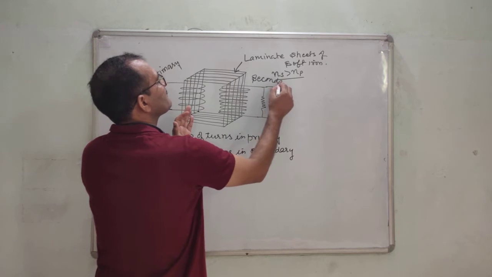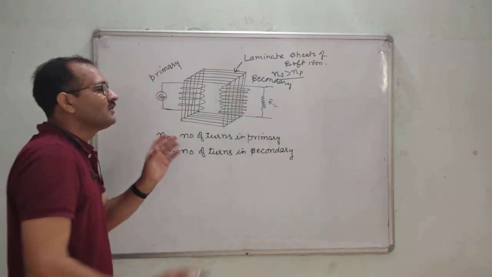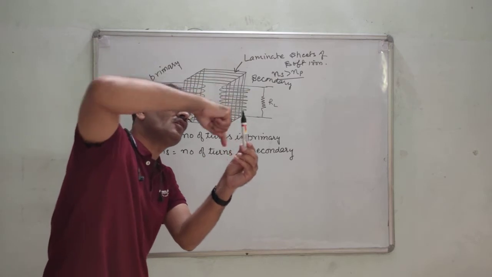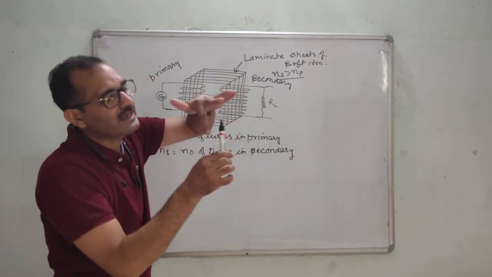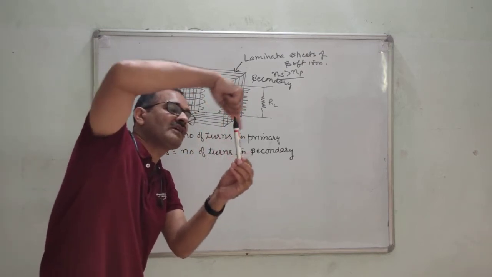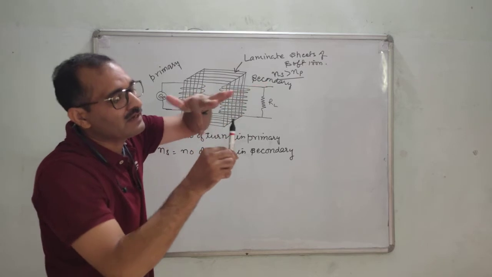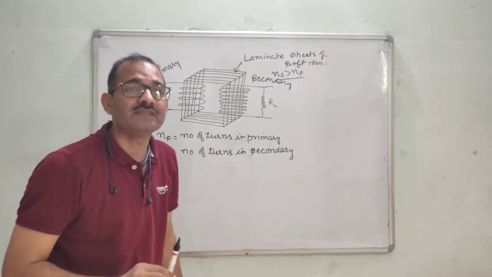How does the winding take place? One layer of primary, after that a second layer of secondary, then a layer of primary, then a layer of secondary. How is it beneficial to us?